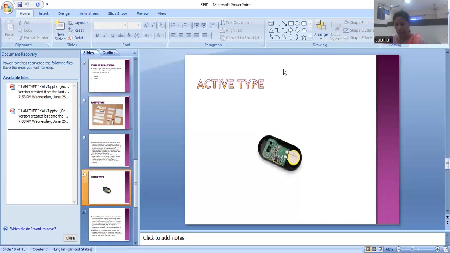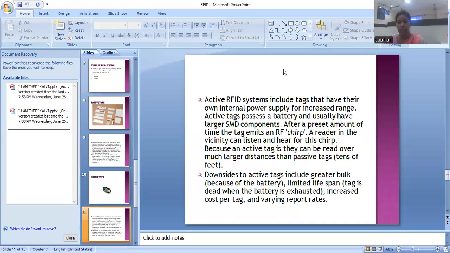The tag is able to send a stronger signal to the reader due to the battery, giving a read range of about 100 feet. It is very expensive. Downsides to active tags include weight, limited lifespan, increased cost per tag, and varying read rates. Active tags can be read over much larger distances than passive tags.